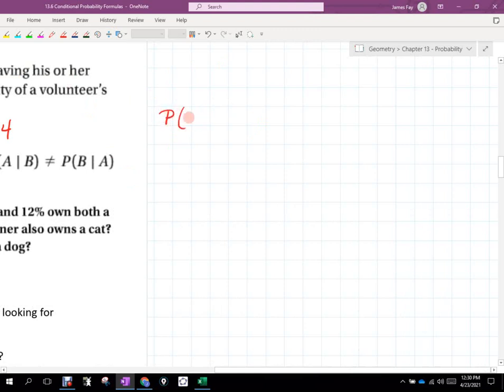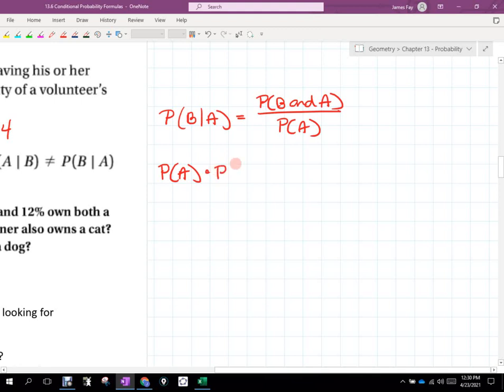The probability of B given A is equal to the probability of B and A divided by the probability of A. If I multiply by P of A, I get P of A times P of B given A is equal to the probability of B and A. I'm going to put this over here on the left.